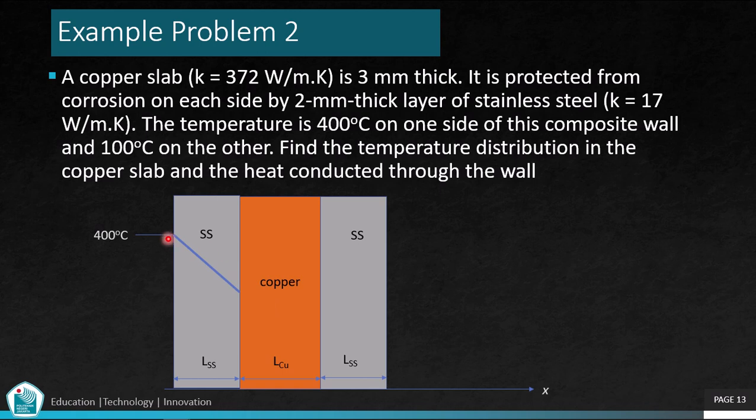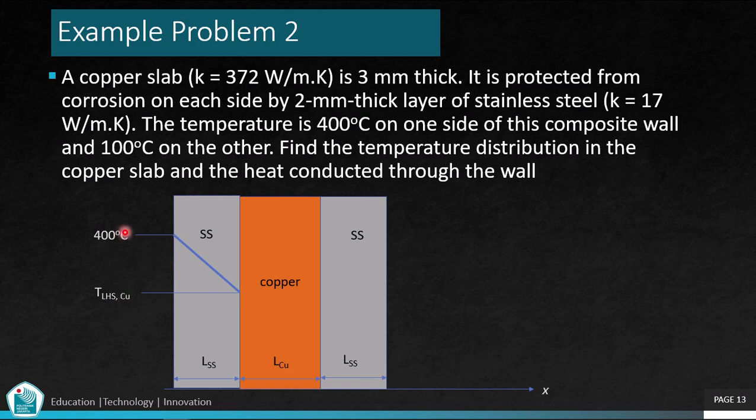So this is the temperature gradient, and the copper surface on the left side will have the temperature TLHS, the temperature of the left hand side of the copper.